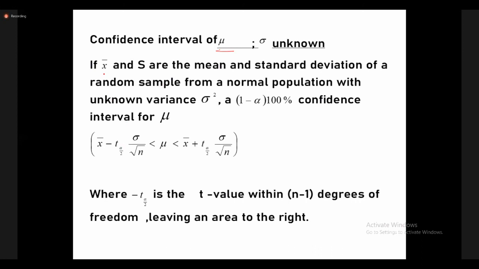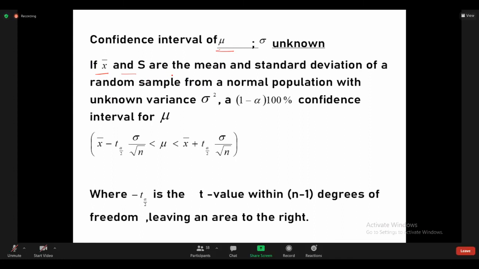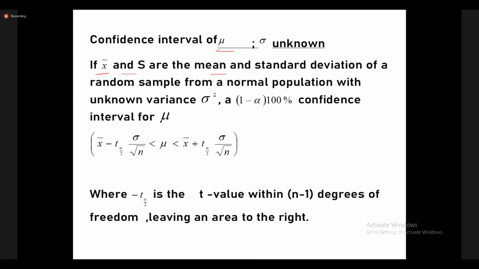If X bar and S are the mean and standard deviation of a random sample from a normal population with unknown variance, that means sigma unknown, a 1 minus alpha into 100% confidence interval for the population mean is given by this formula.